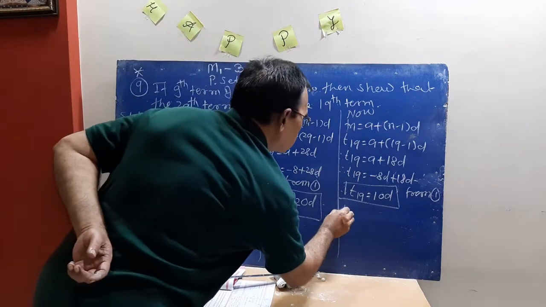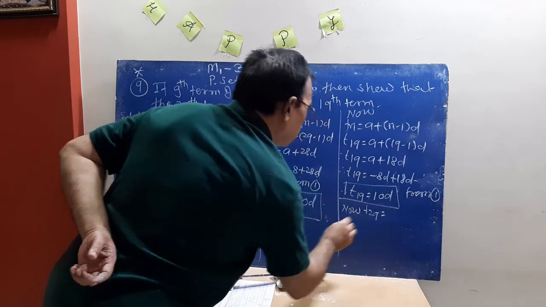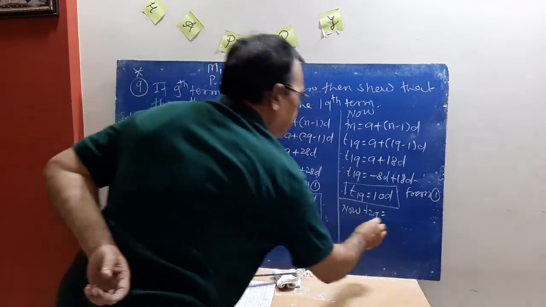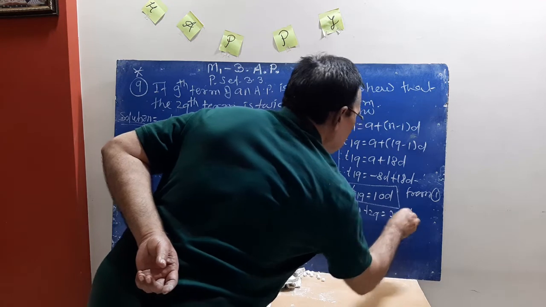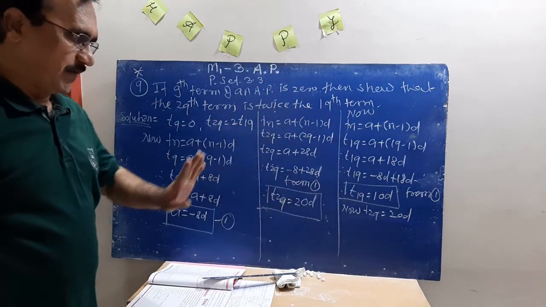Now T29 is equal to 20d. Okay? This one, T29 is equal to 20d.